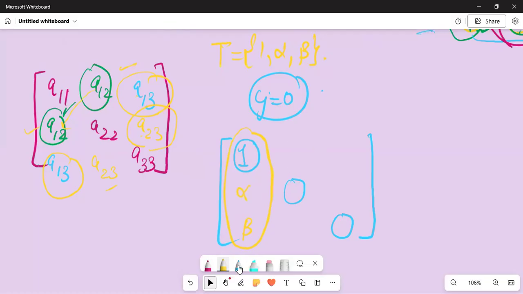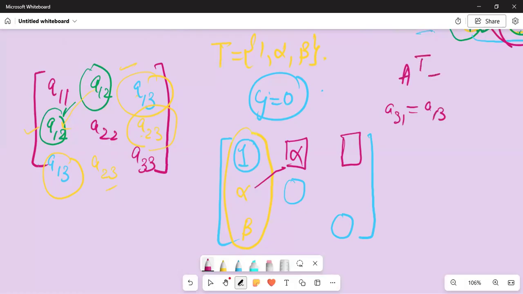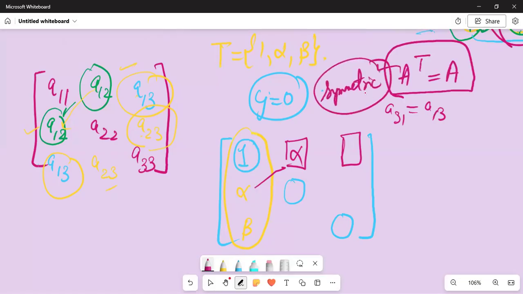Now this and this have to be the same. This is going to be this, and A31 equals A13, because this is a symmetric matrix. What is the condition of symmetric matrix? A transpose equals A. This is a symmetric matrix. Now this means beta has to be the same as this.